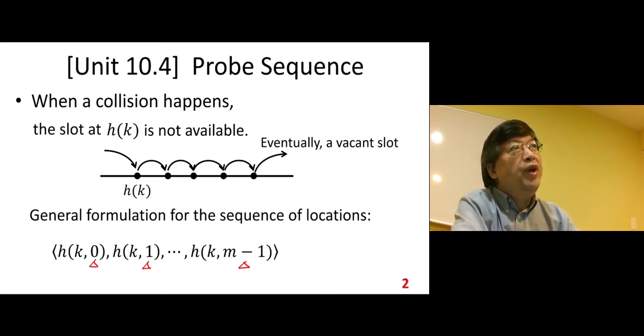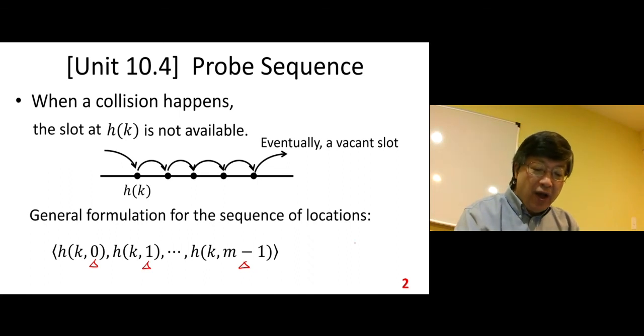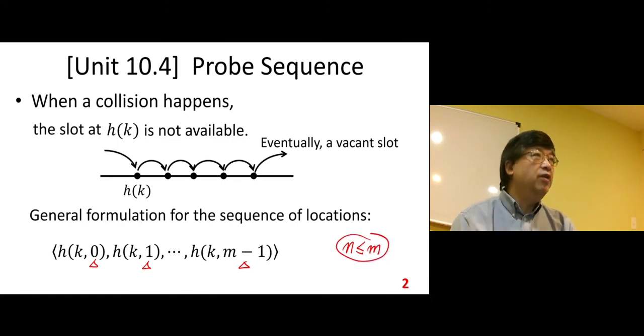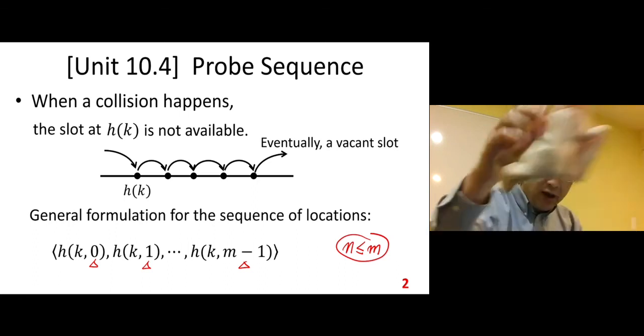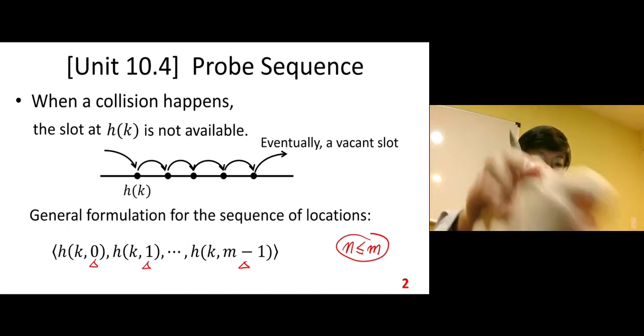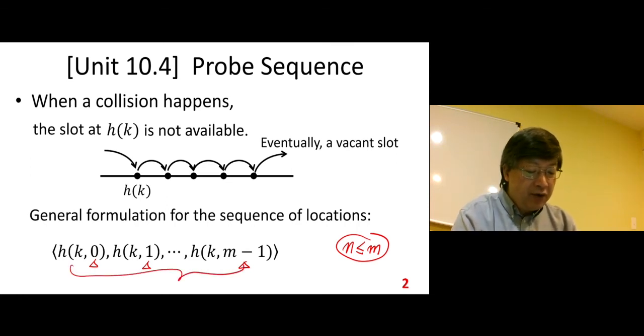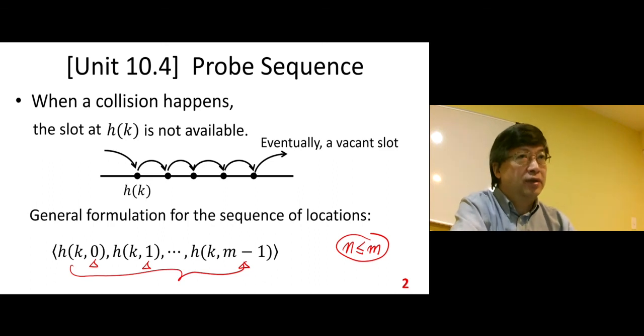We assume the number of data items n is less than or equal to the number of slots m. No overflow. Because under this condition, there is no overflow, so sooner or later, when you try this many times, you will find a vacant slot.